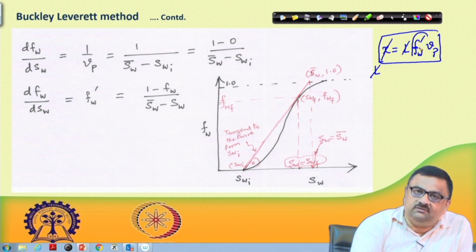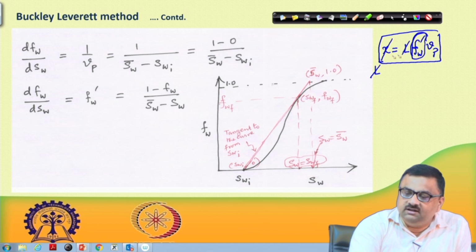And so, the situation that we are trying to simulate there, this Fw prime corresponds to the saturation at the outlet, because for the same saturation for which Fw prime is calculated, we are talking about the movement of that saturation packet, and that displacement is x.